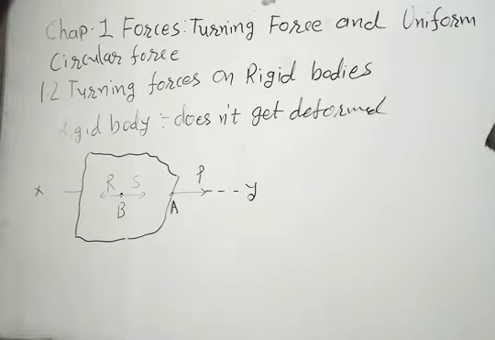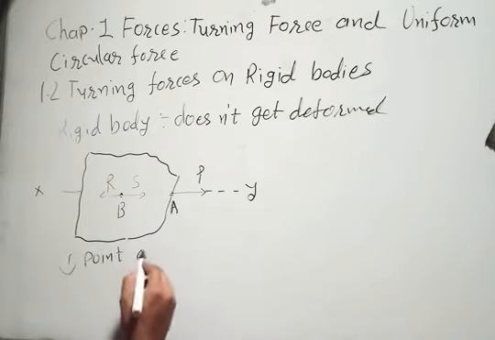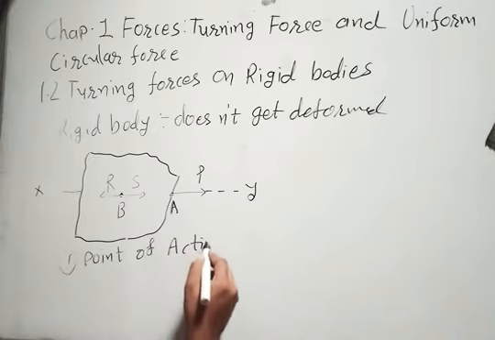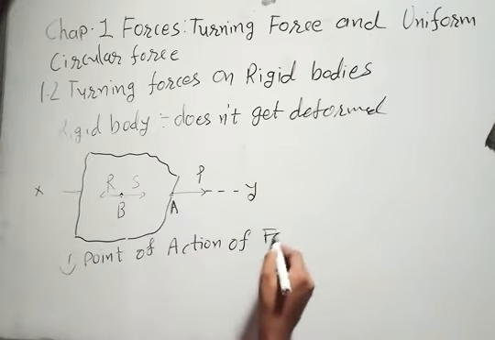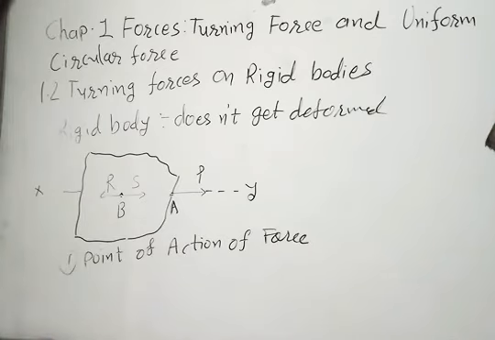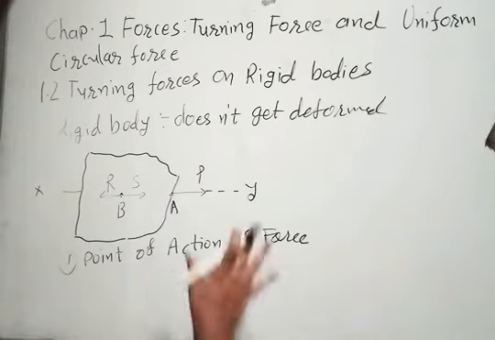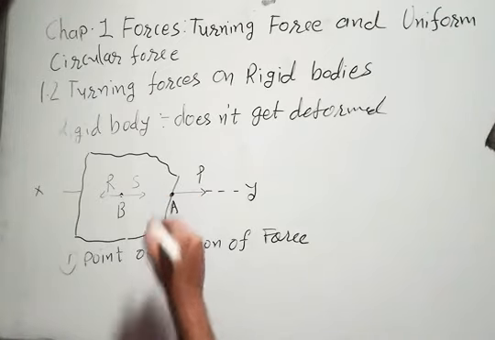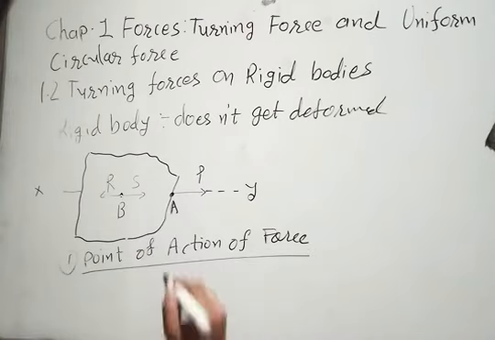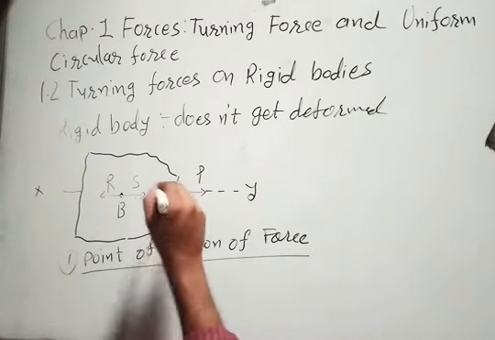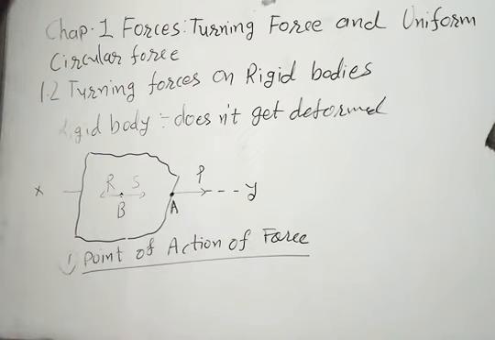Now some definitions. The first definition is point of action of force. What is the point of action of force? The point on a rigid body where a force is exerted is called the point of action of force. In this drawing A is called the point of action of force because the force is exerted on that point. Clear?